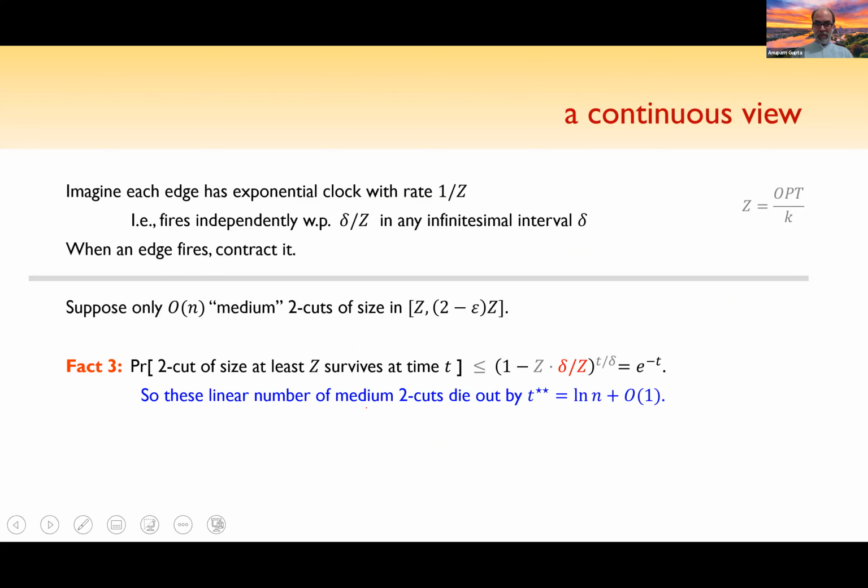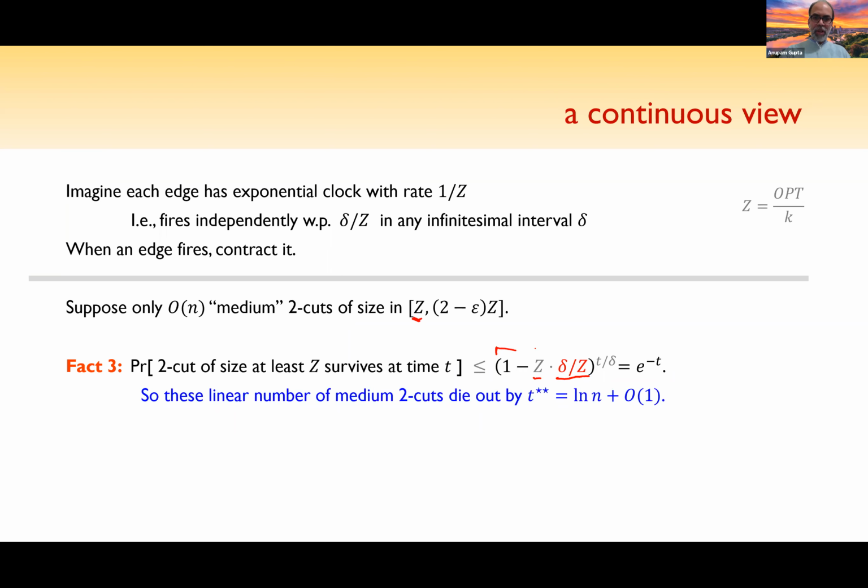So the argument says, for any 2-cut, as long as it's of size at least z, the probability that it survives at time t is just this calculation. There are z edges, this is the probability of being contracted.